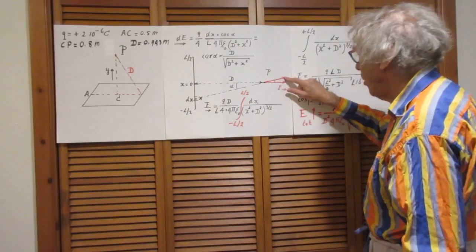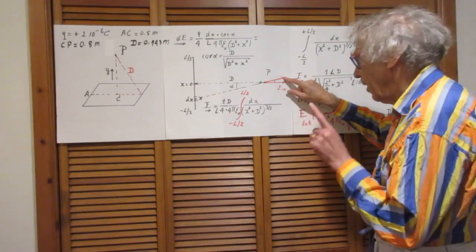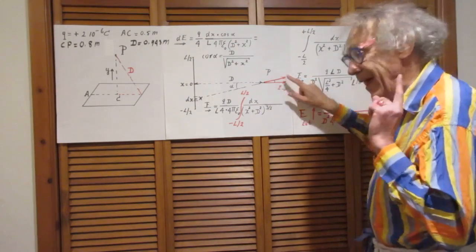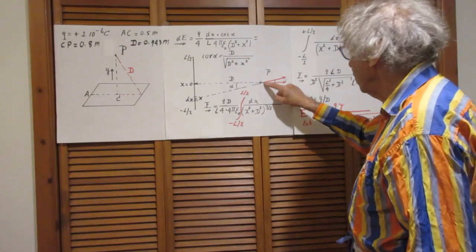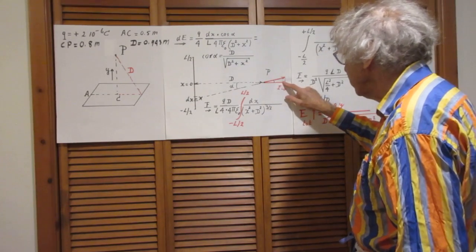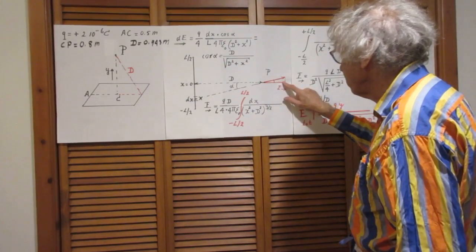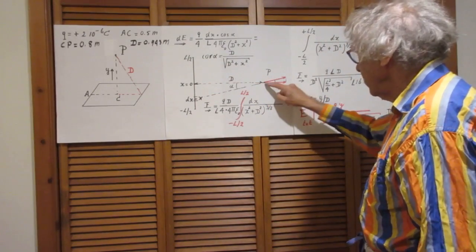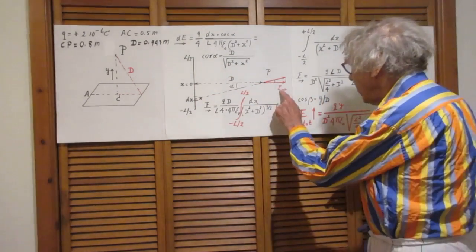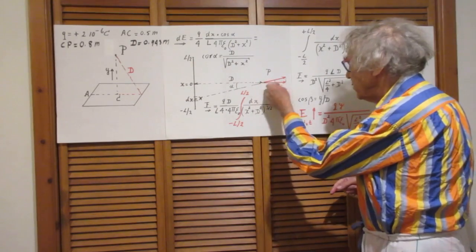So that is this component. However, as you will see later why I do that, I really want to know the component of this vector which is perpendicular to the wire. And I call that E, and I gave that this arrow, that means it's in this direction.